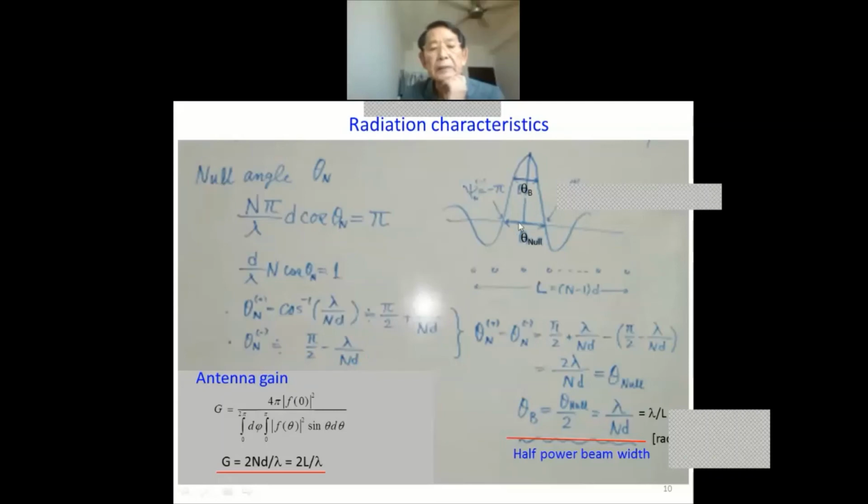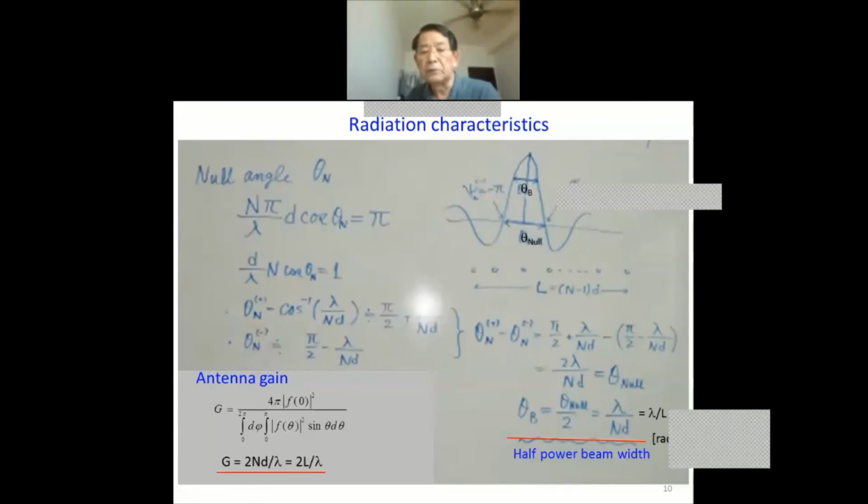So this separate angle is this one, 2 pi divided by mt. So our beam width is half of nu. So it becomes L divided by LD.